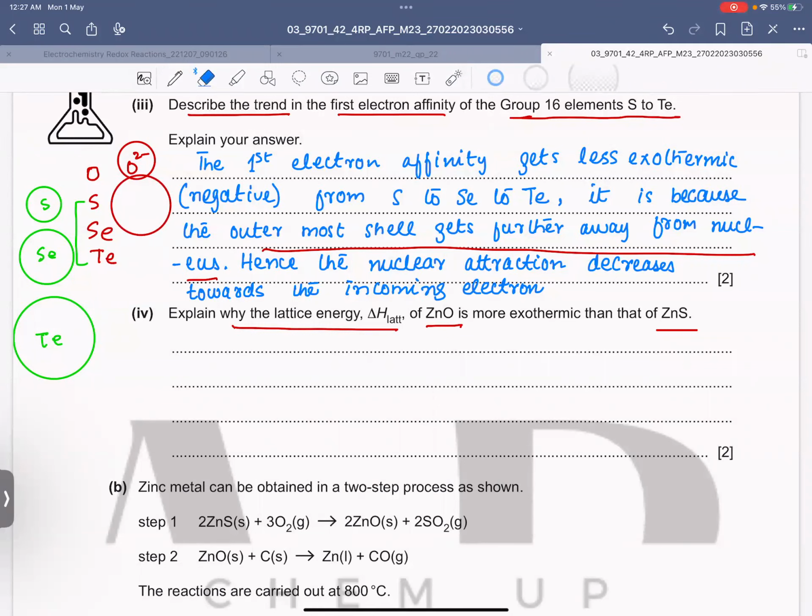Due to its bigger size, the force of attraction between the zinc and the sulfide would be lower because the charge density of the sulfide ion decreases.